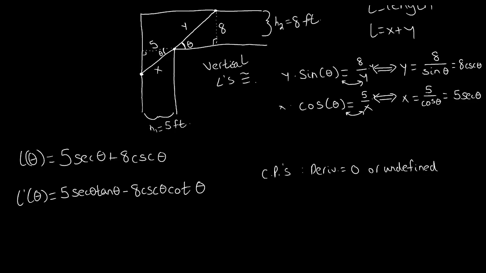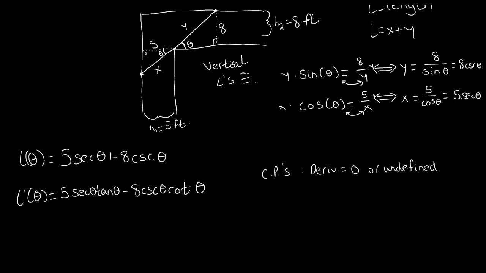What we really have here is 5 times 1 over cosine theta times sine over cosine theta minus 8 over sine theta times cosine over sine theta, right? So we have a lot of division by sine theta and cosine theta. So if either cosine theta or sine theta evaluates to 0, we're going to have something divided by 0, meaning that we get an undefined value for our entire derivative.